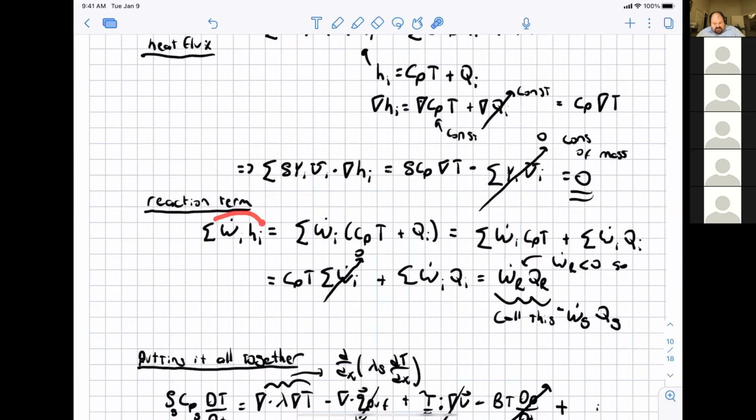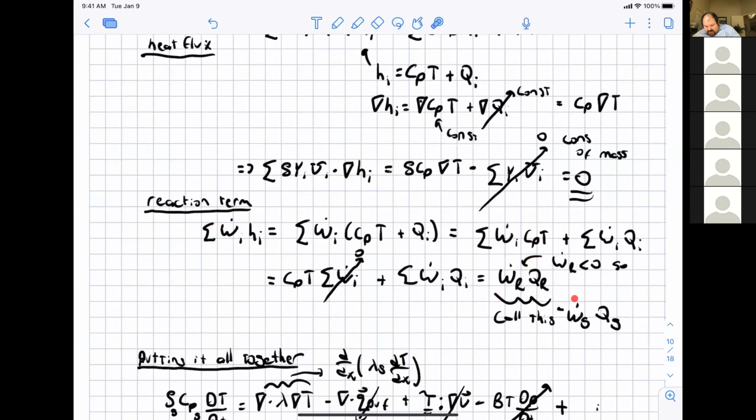And you can show that the sum of the mass rates of production of all the species times their enthalpy is equal to just the mass production rate of the reactants times the mass-based enthalpy of formation of the reactants.